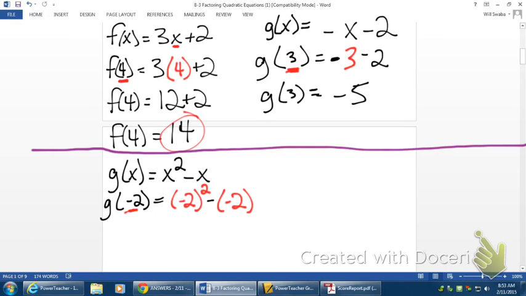Good. So now I would just solve it from here. Negative 2 squared is going to give me a positive 4. Two negatives become a positive, and we're actually going to add 4 plus 2, which gives me 6. Is that negative 4 plus 2? That's a positive 4 minus a negative 2.